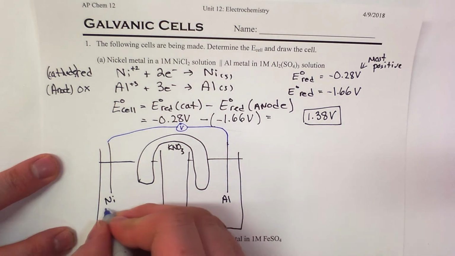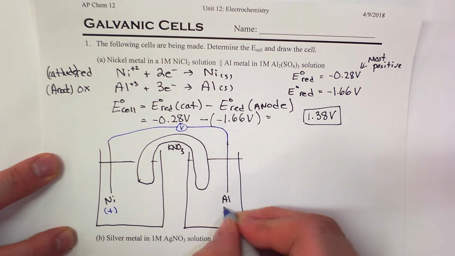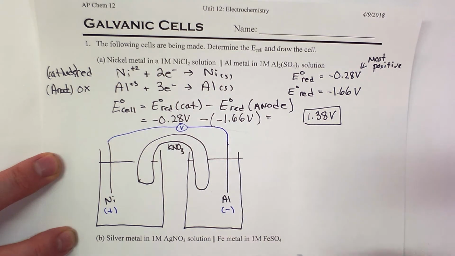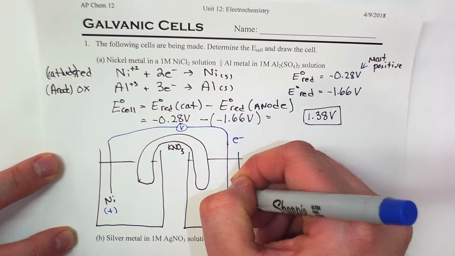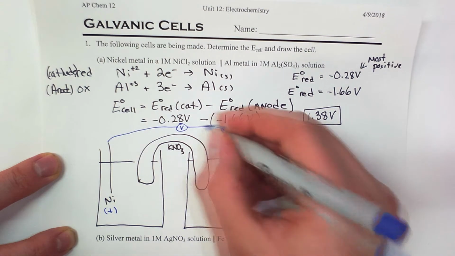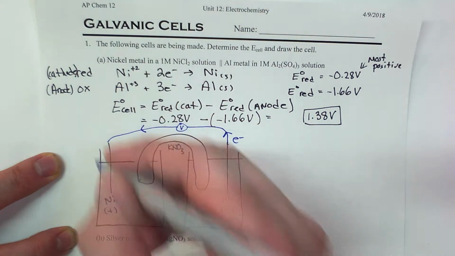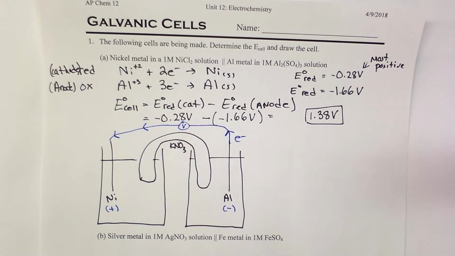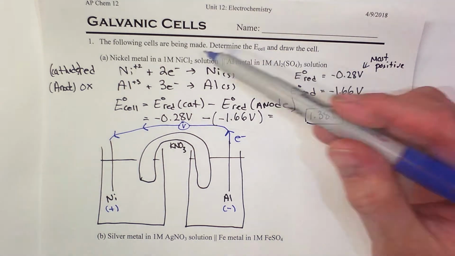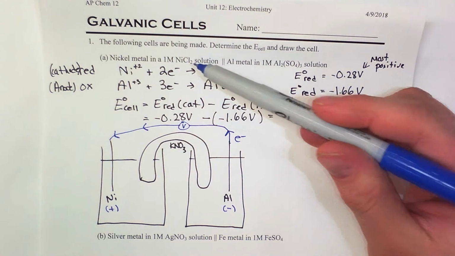Now this is going to be my cathode, and this will be my anode, which means that electrons are produced at the anode through oxidation, and we will have electrons flowing in this direction. Now is really the only place that we actually are going to see the sulfate and the chloride matter.